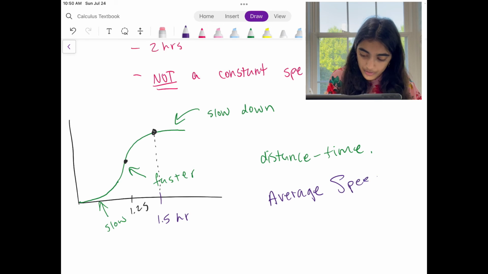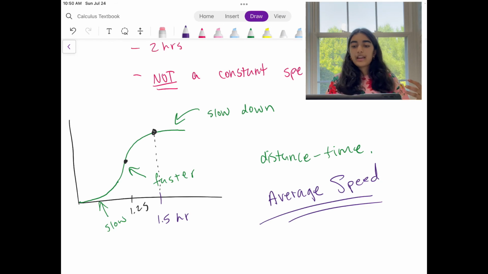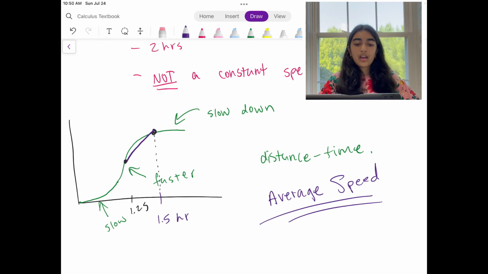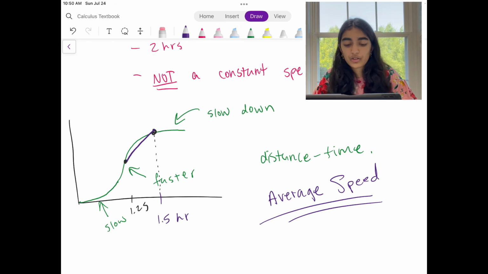The average speed is essentially, we take 2 points and connect them using a straight line, and we see what that slope is, and that's the average speed. That's the average rate of change between time equals 1.25 and time equals 1.5 hour.